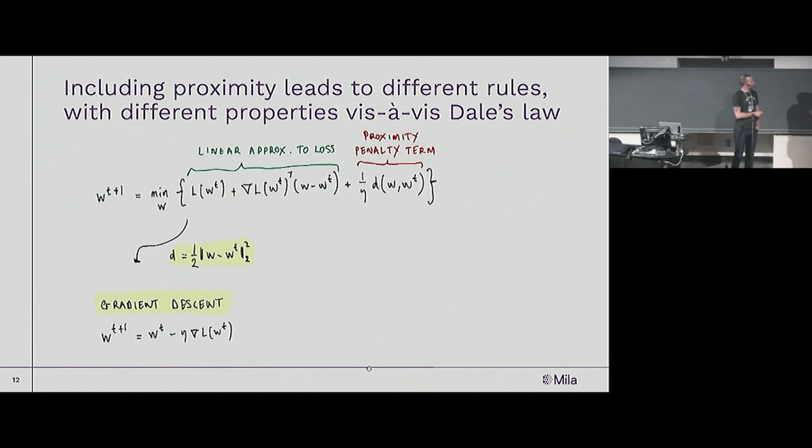Now, interestingly, if you set this proximity penalty term to be the Euclidean distance, so literally just the straight line between W_t and W within Euclidean space, and then you minimize this function, so you get the W that minimizes this entire expression, what you get is gradient descent.